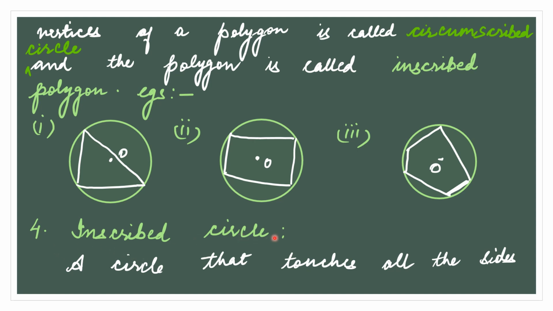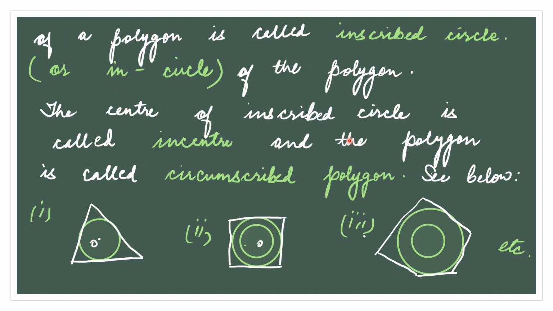What is an inscribed circle, children? A circle that touches all the sides of a polygon is called an inscribed circle. Suppose you draw a polygon and you draw a circle inside it, then if that circle touches all the sides of the polygon, it is called an inscribed circle or incircle of the polygon.